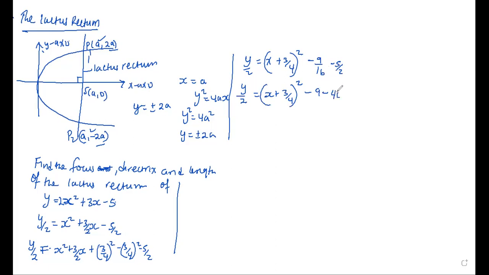So minus 40 over 16, giving us y over 2 is (x plus 3 over 4) squared minus 49 out of 16. So when you make the squared term the subject, you'll have (x plus 3 over 4) squared is equal to y over 2 plus 49 over 16.